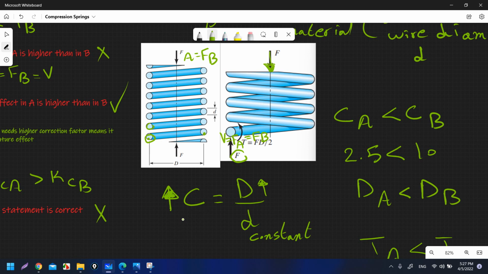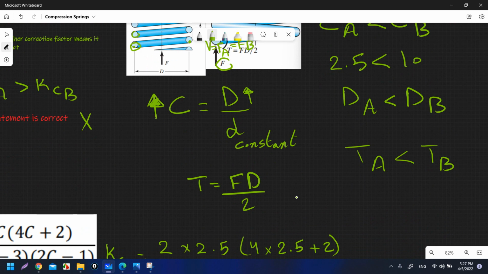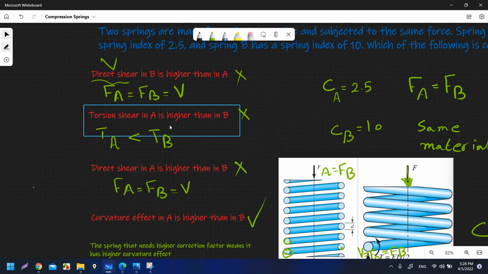At the end, this gives us that torsion in A is less than torsion in B: Ta is smaller than Tb, which is equal to F Db over 2, because Db is higher than Da. So this sentence is also wrong, because he said A is higher, but Ta is less than Tb.